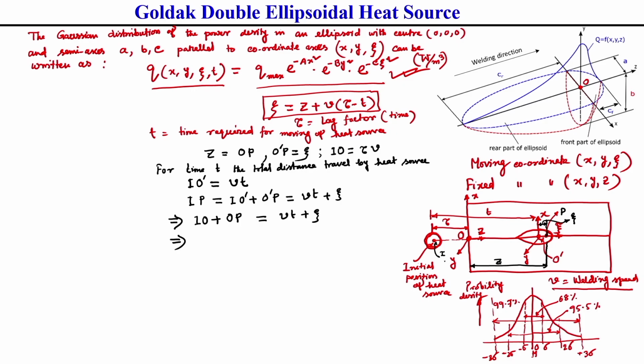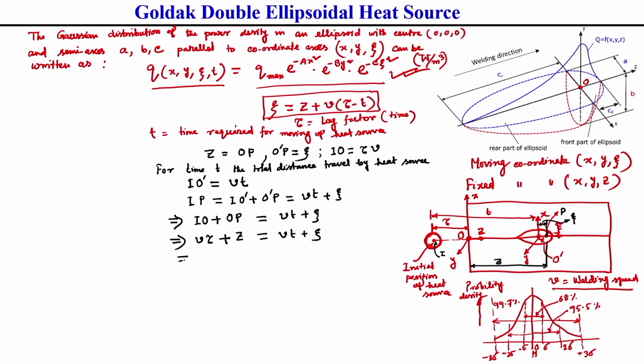IO is already the distance between the initial position and the fixed coordinate system. I have already told you this is actually V into tau, the lag factor. And what is OP? OP is actually Z, that means from the fixed coordinate to point P the distance is equal to Vt plus tau.